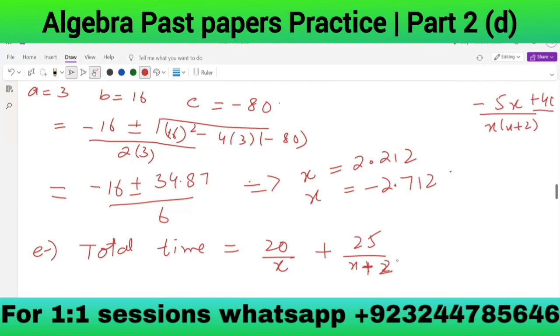Just put the value of x here and what is the calculation that you get? It's 22.45. So how many minutes is it? 22 hours and 45 minutes. No.